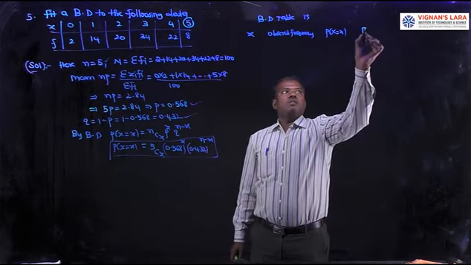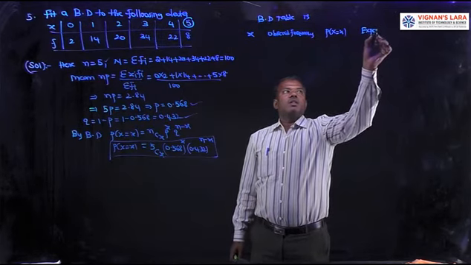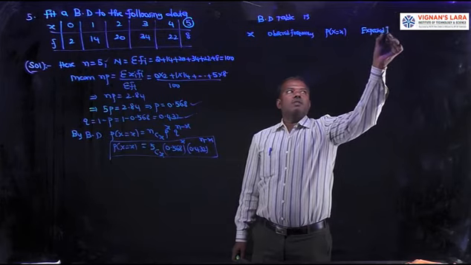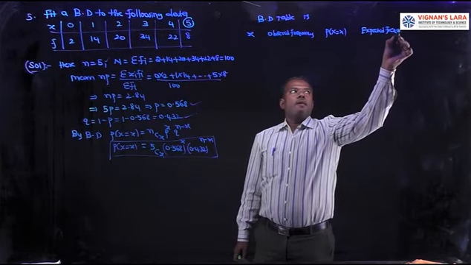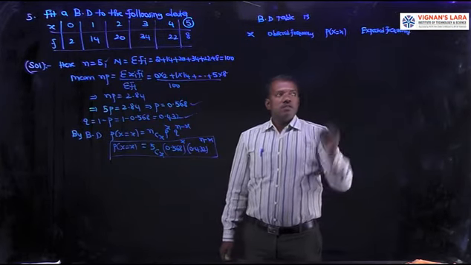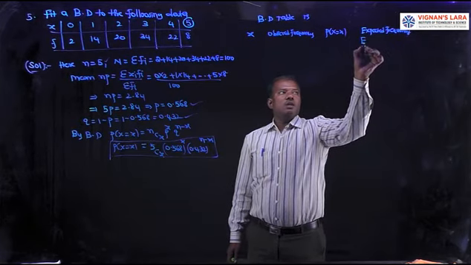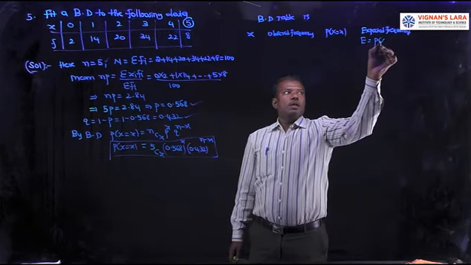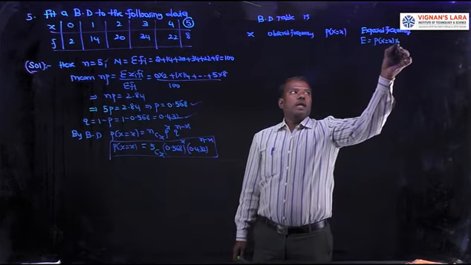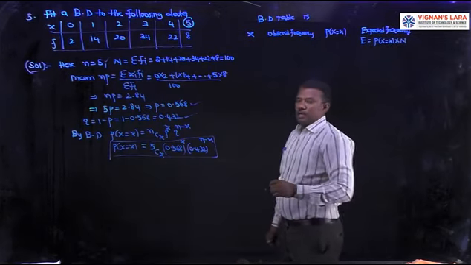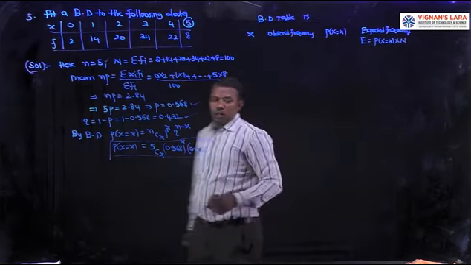Then the expected frequency. Expected frequency E is probability into N. What is N? 100, the total frequency.